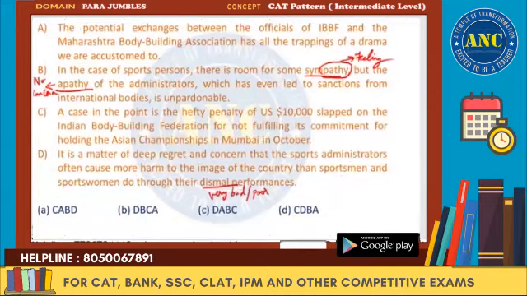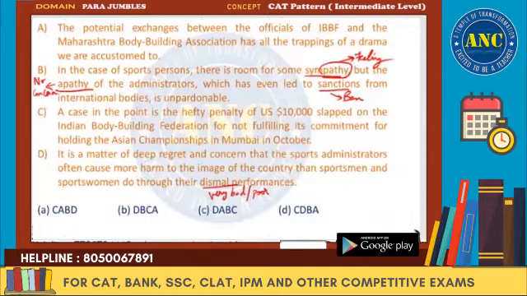In the case of sports persons, there is room for some sympathy, but the apathy of the administrators, which has even led to sanctions from international bodies, is unpardonable. In the earlier class we discussed sanctions means ban, right? So a case in the point is a hefty penalty of US dollars 10,000 slapped on Indian Bodybuilding Federation for not fulfilling its commitment for holding the Asian Championships in Mumbai in October.